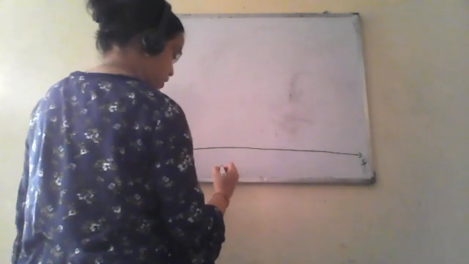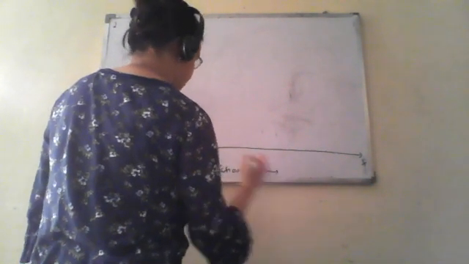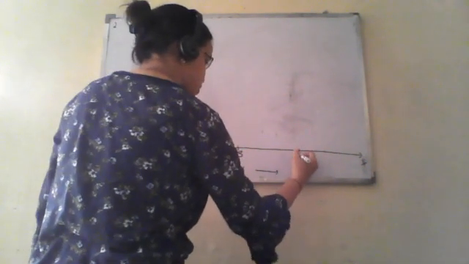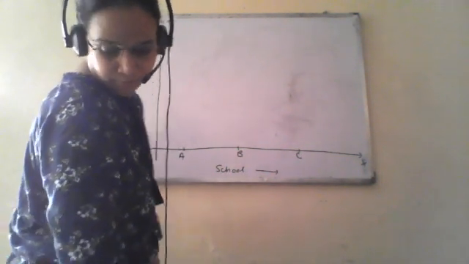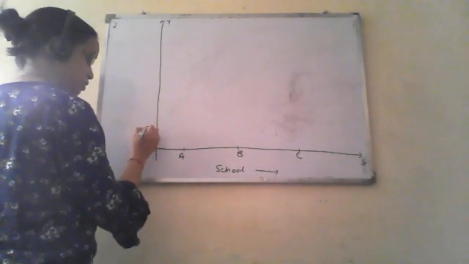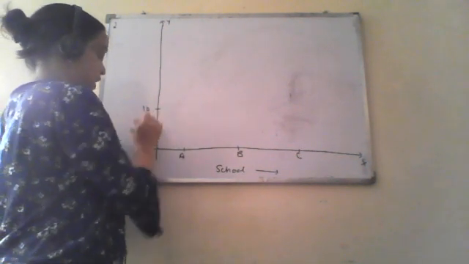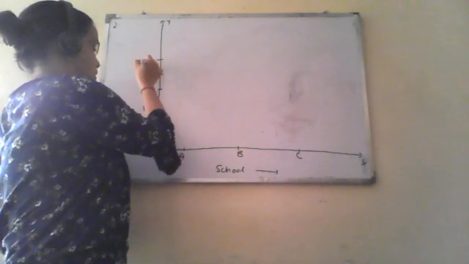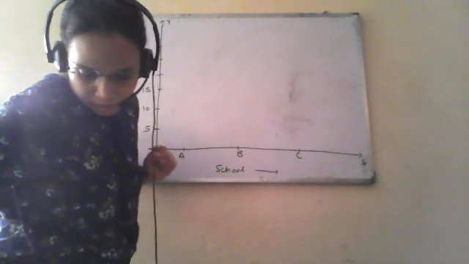On the x-axis we are taking schools: school A, school B, school C. For the number of students, this is the origin, which starts from 0. Then we can take 5, 10, 15, 20, 25.